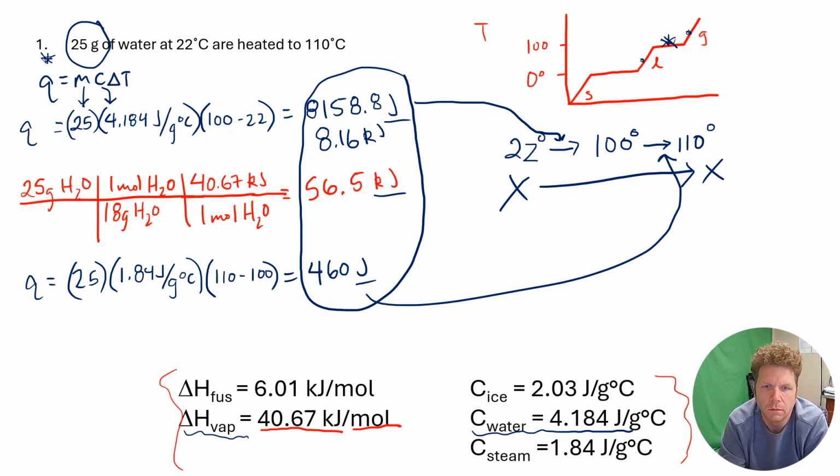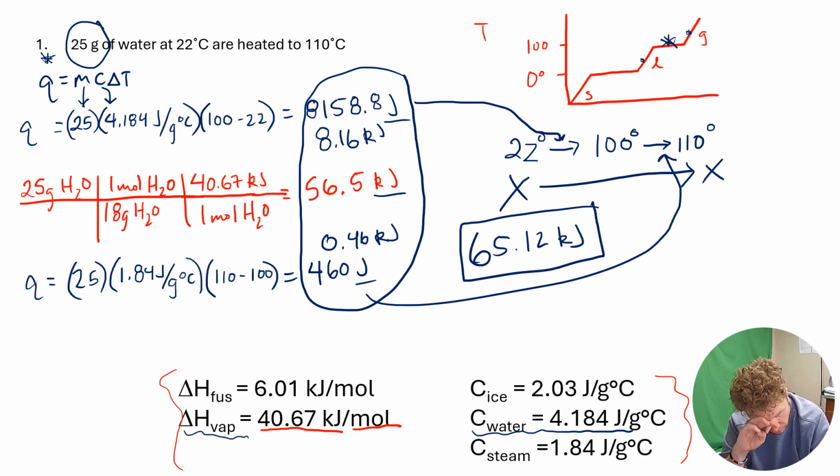Then 460 joules is the same as 0.46 kilojoules. So now I'll say 8.16 plus 56.5 plus 0.46 equals 65.12 kilojoules. That's the total amount of energy required to go from 22 to 110 degrees Celsius, keeping in mind that we had that variable of converting from a liquid to a gas, and that's where we had that enthalpy of vaporization that we had to account for.